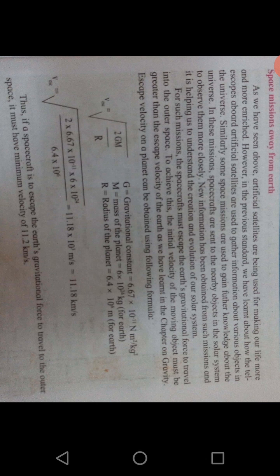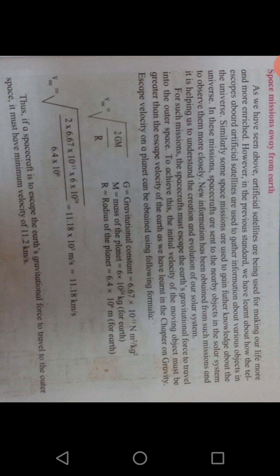Let us put all these values in this formula. We get V escape is equal to square root of 2 into the value of G, 6.67 into 10 raised to minus 11, into the value of M, 6 into 10 raised to 24, upon the value of R, 6.4 into 10 raised to 6.